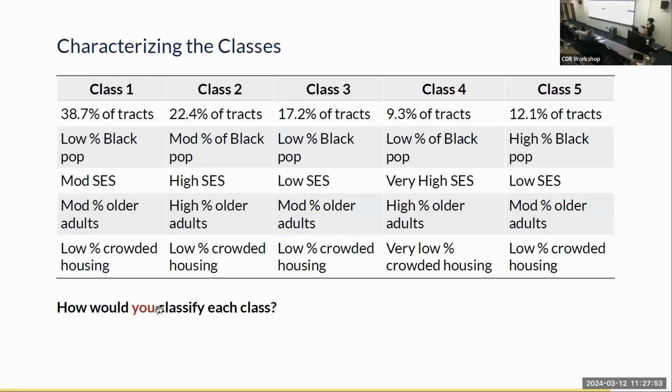And a lot of this is qualitative, because it's not like high percent Black population means 90% of the tract is filled with Black folks in Puerto Rico, right? You are doing this subjective assessment relative to the other classes. So once you have that information together, the fun part is how you would actually name each class, right? Because when you're writing up your papers, you want to name your classes. What are these classes telling you about your tracts or your different neighborhoods that you have there?